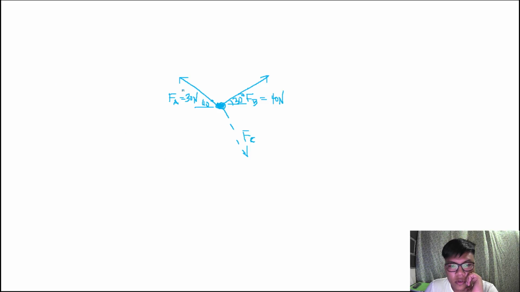Okay. So we can break down it into components, no? So we have F sub AX. Okay, F sub AX, the angle is 60 degrees. Okay. Opposite, adjacent. So we have 30 Newton times cosine 60.